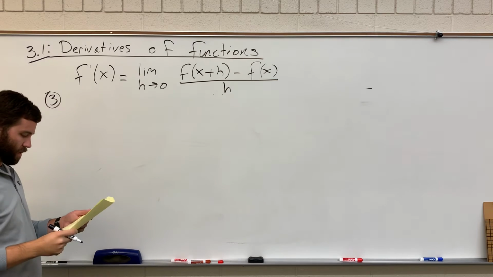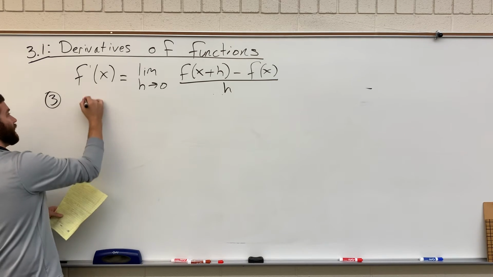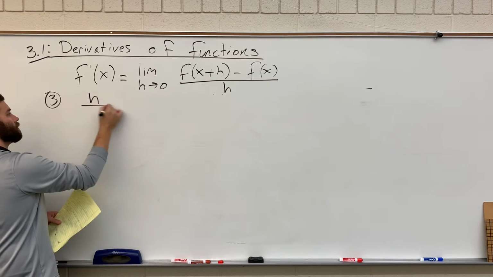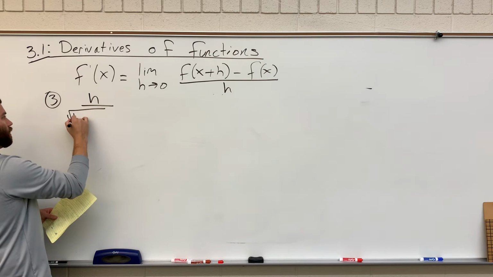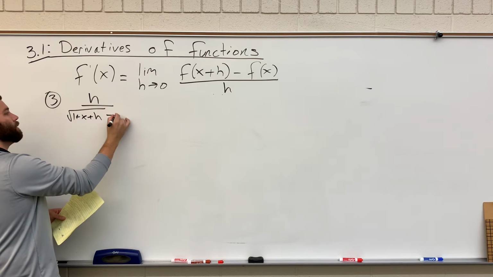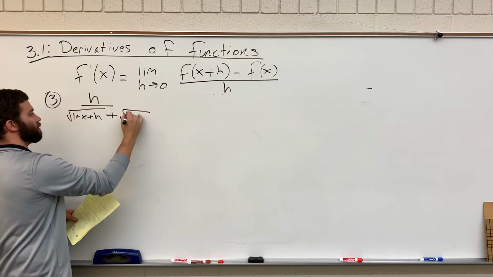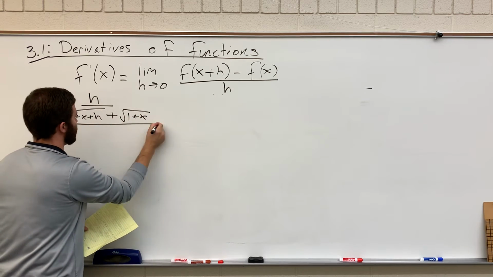All right, so I will have this for step 3. I have h divided by the square root of 1 plus x plus h plus the square root of 1 plus x, all of that divided by h.